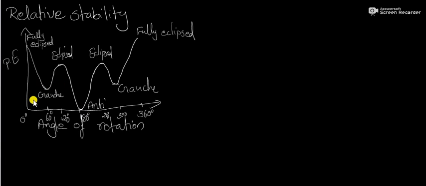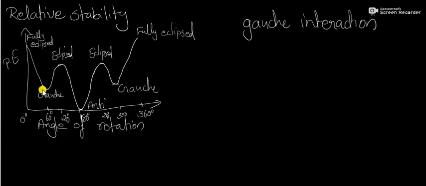This interaction is called Gauche interaction. Then why are eclipsed conformations less stable than Gauche conformation? In eclipsed conformation, there is again repulsive interaction due to torsional strain, so eclipsed conformation is less stable than Gauche conformation.